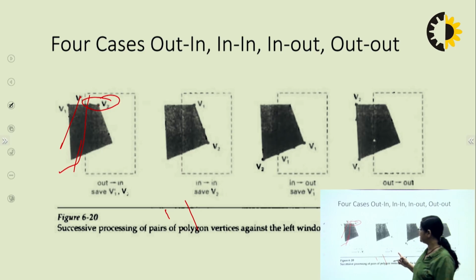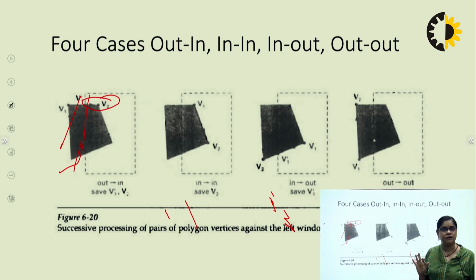Here in the second part, if you see, V1 and V2 are already inside the polygon, so it is an in part, right? Here, if you see, in and out: V1, Vi and V2, this V2 is the out part. So that is what we are saying, in and out, right?